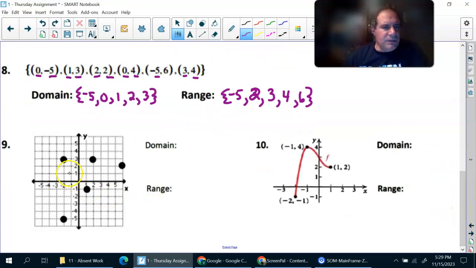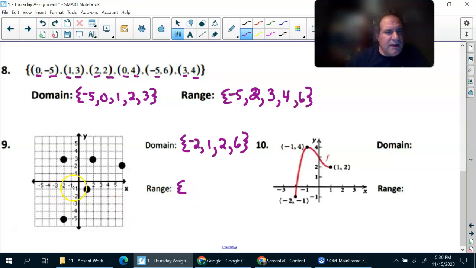And the last 2, domain and range. So we're going to just go ahead here. This is -2. It occurs twice, so we're going to list it once, then 1, then a 2. These are all the x values, and then a 6, listing from least to greatest.